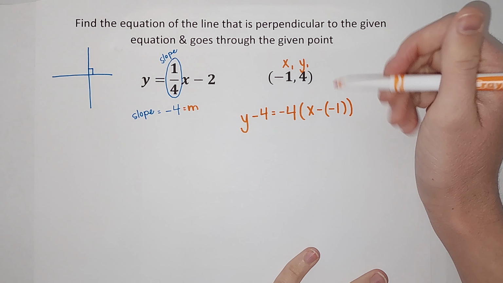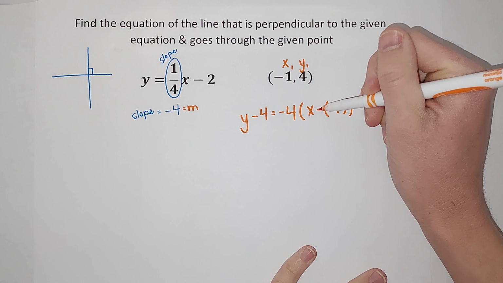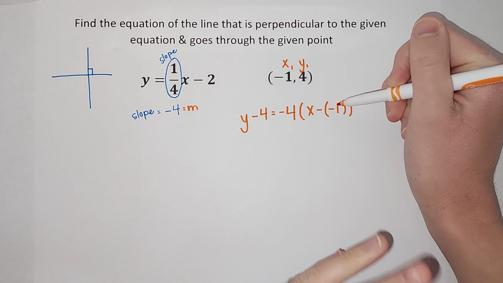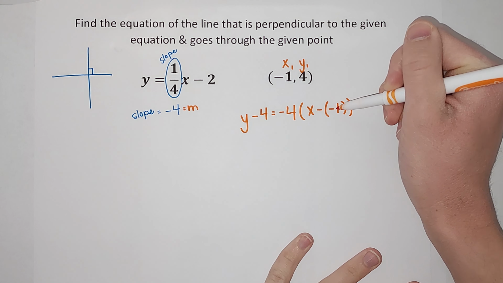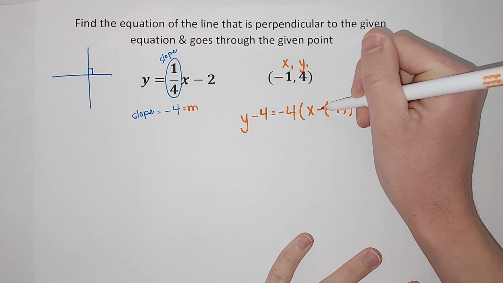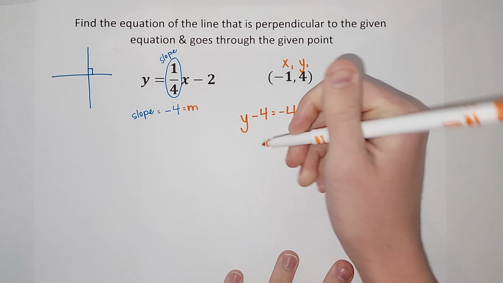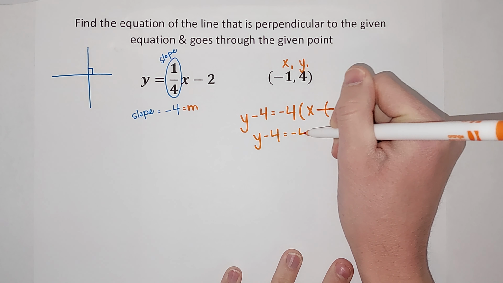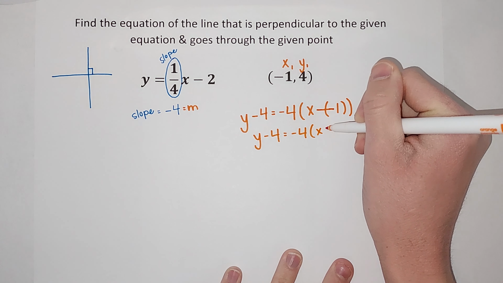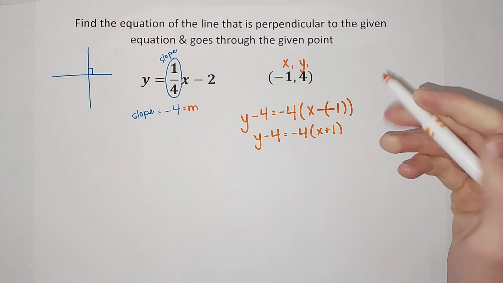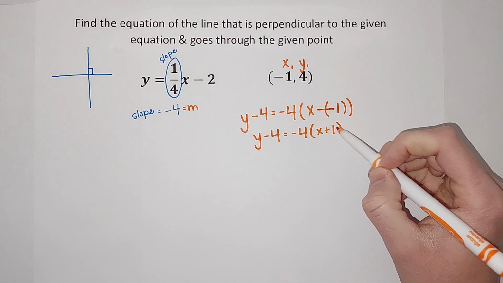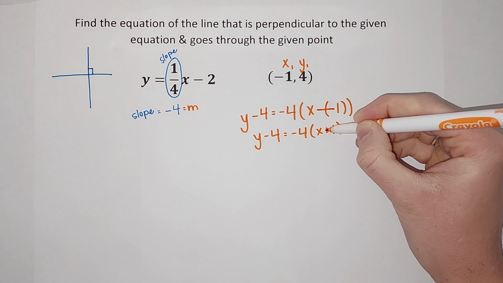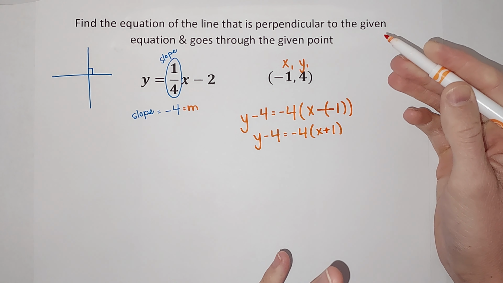All right, so I do parentheses first. When I subtract a negative, it goes positive, right? If you take away something negative from your life, that's a good thing. So this goes positive. So I'm left with y minus 4 equals -4 times x plus 1. Now, normally what I would do next would be to add whatever's inside my parentheses, but they're not like terms. I don't know what x plus 1 is.